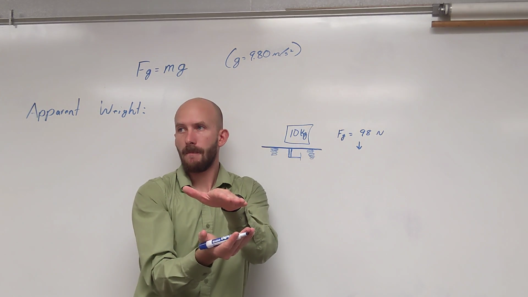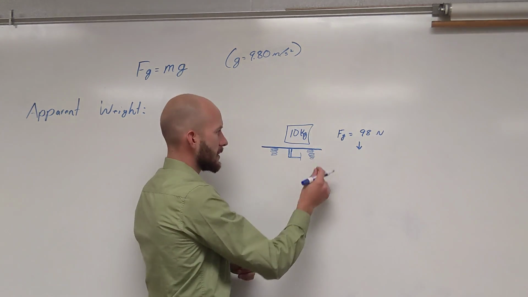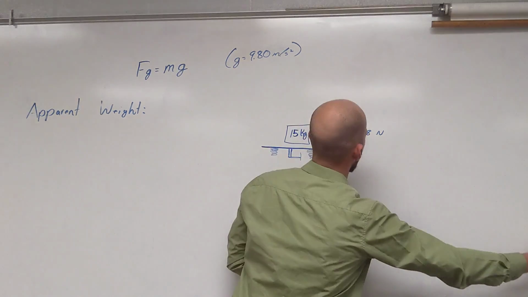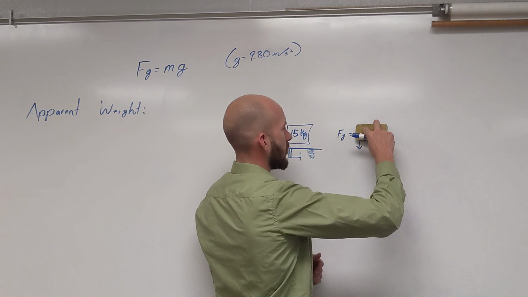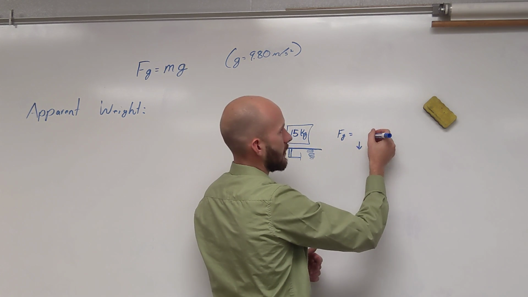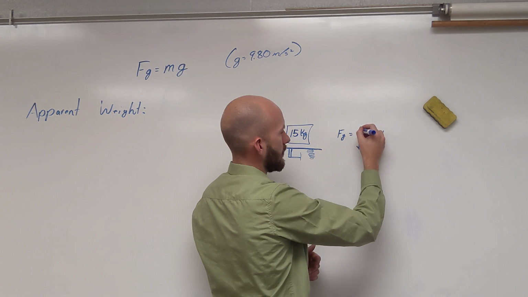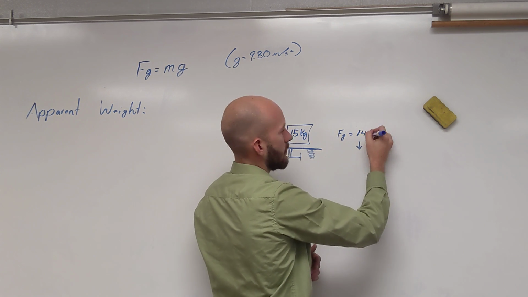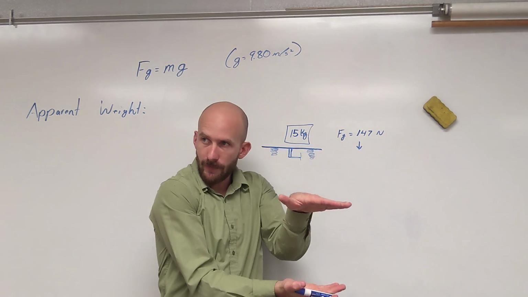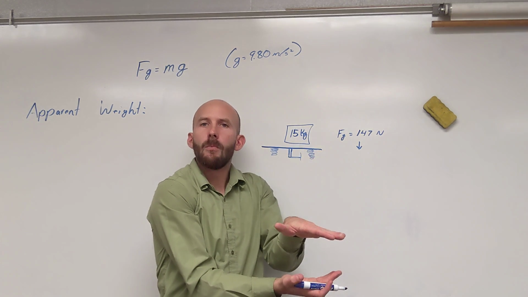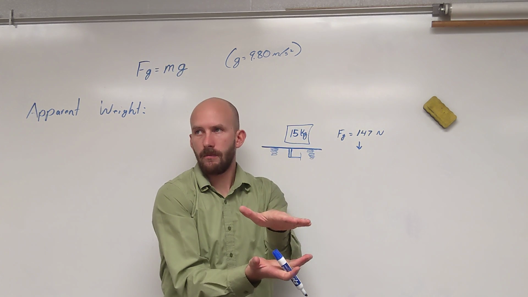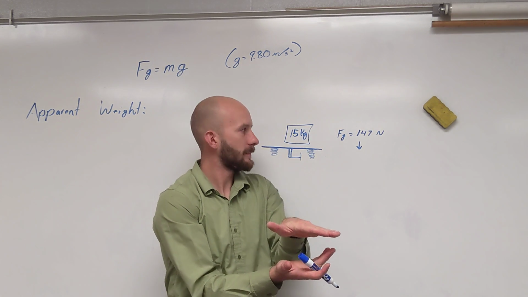If I change the weight to 15 kilograms, this weight force is going to increase. That'd be 98 plus 49, which is 147 newtons. So now that spring is going to compress further, but the more it compresses, the more force it's exerting back up until it balances out, and then it's going to stop.